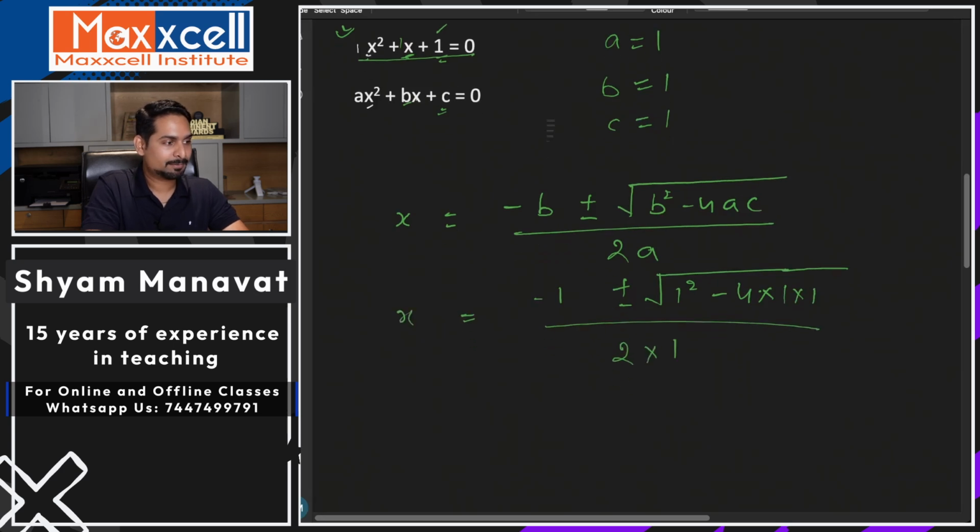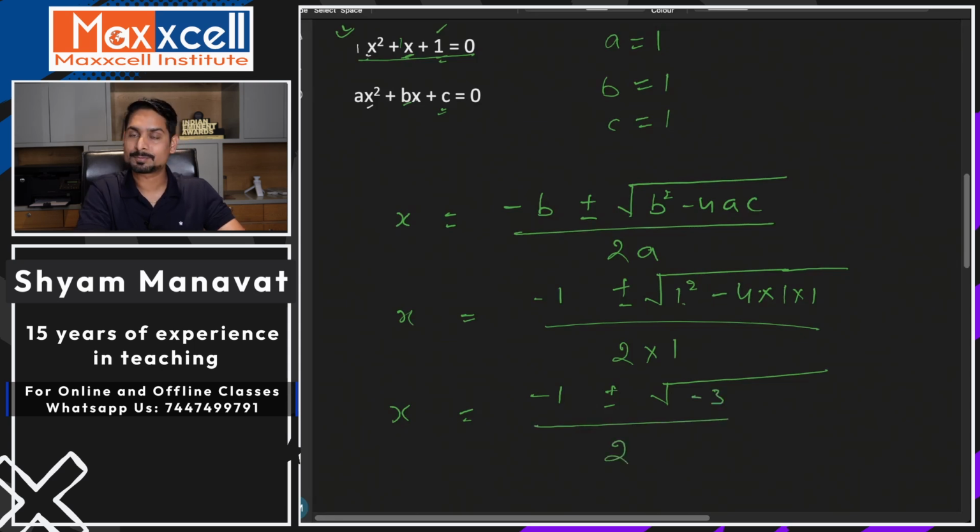So you have x equals to minus 1 plus minus root of 1 minus 4. 4 into 1 is 4, and 1 square is also 1. So 1 minus 4 is minus 3, by 2a. So 2 into 1 is 2.